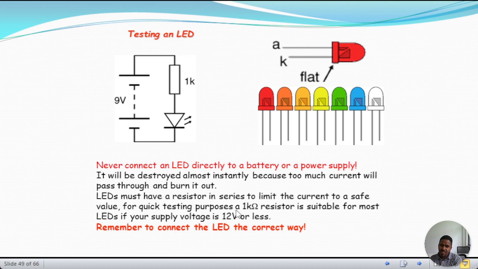For testing purposes, a 1 kilo ohm resistor is suitable for most LEDs if your supply voltage is 12 volts or less. Remember to connect the LED the correct way: the positive of the battery goes through the resistor to the anode side of the LED, and from the cathode side of the LED back to the negative side of the battery.